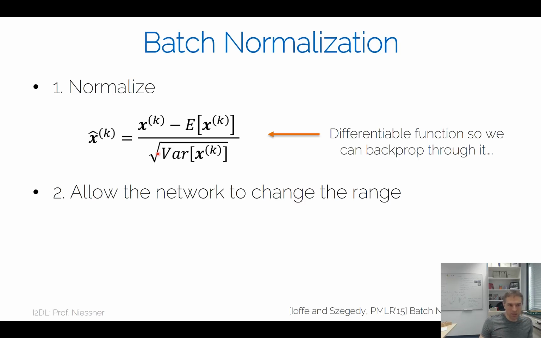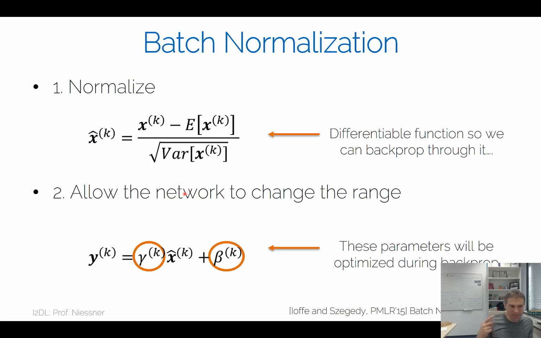But the second thing the batch norm is doing is it also allows the network to change the range here, right? So you have a second update step that takes this normalization and says, oh, you can change the range throughout the backpropagation. So you're adding two more learnable parameters here, this beta and this gamma, that scale the Gaussian and add a bias to it, basically.